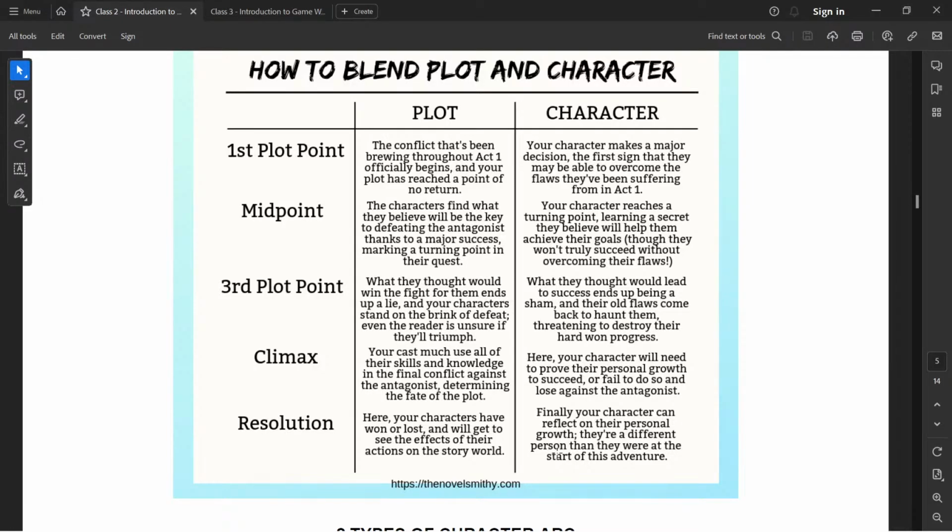Yes, so that would be another way to make the story more engaging, and that's how you would blend plot and character.